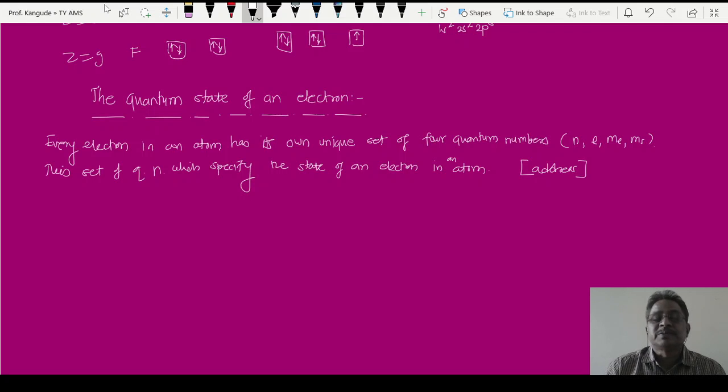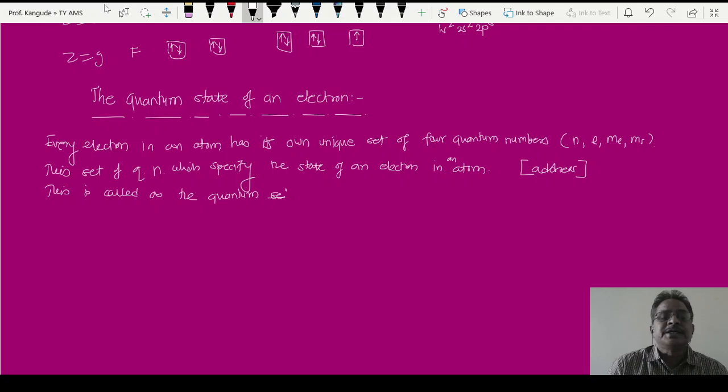Your address specifies your state. Just like that, the unique set of 4 quantum numbers specifies the state of an electron inside that atom. And this is called the quantum state.